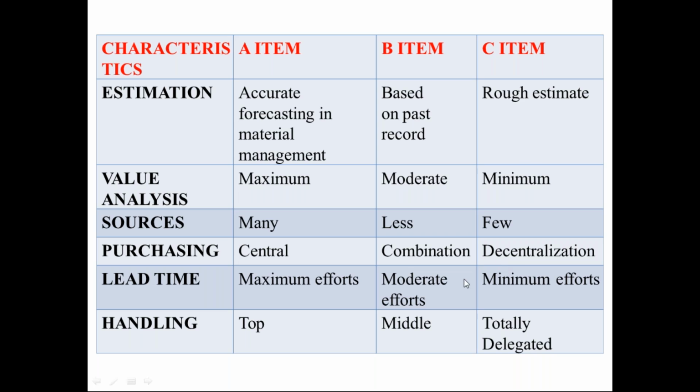For lead time, we need to take maximum effort to reduce the lead time for A. For B item, moderate efforts are to be taken, and for the C item, we'll take the minimum efforts to reduce the lead time. Whereas handling, A items are handled by the top management people, B items are handled by the middle management people, and C items are totally delegated.